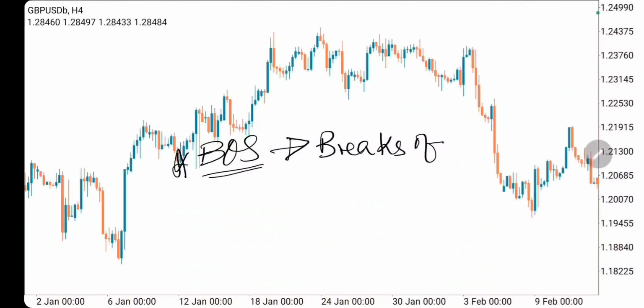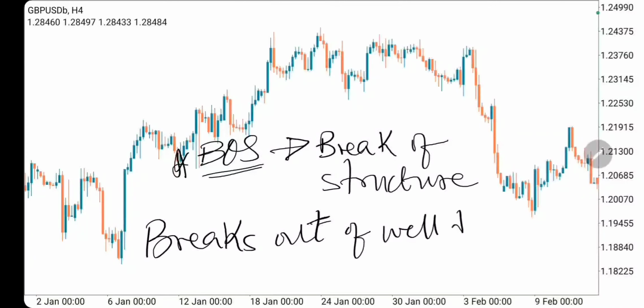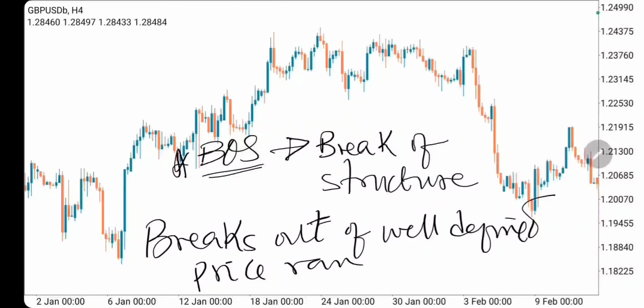As the name implies, a currency pair is moving in a particular price range, and now it breaks out of the price range.